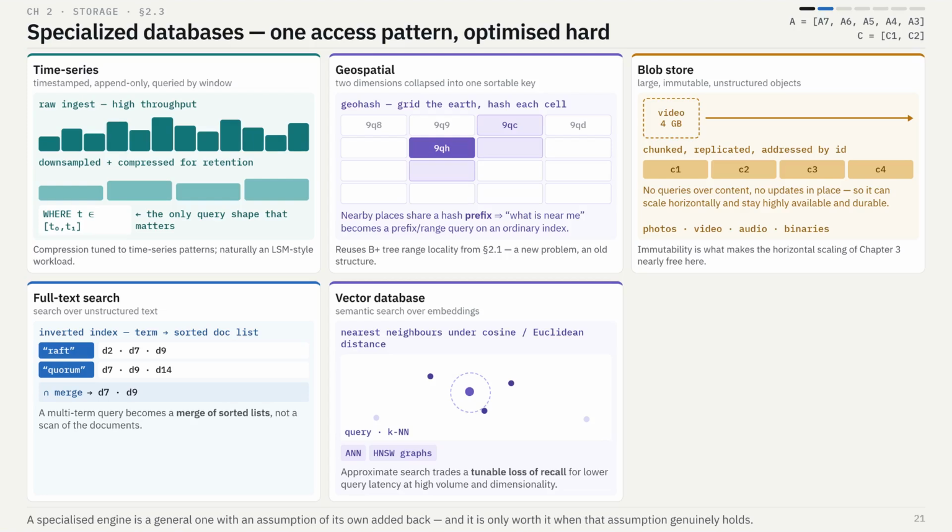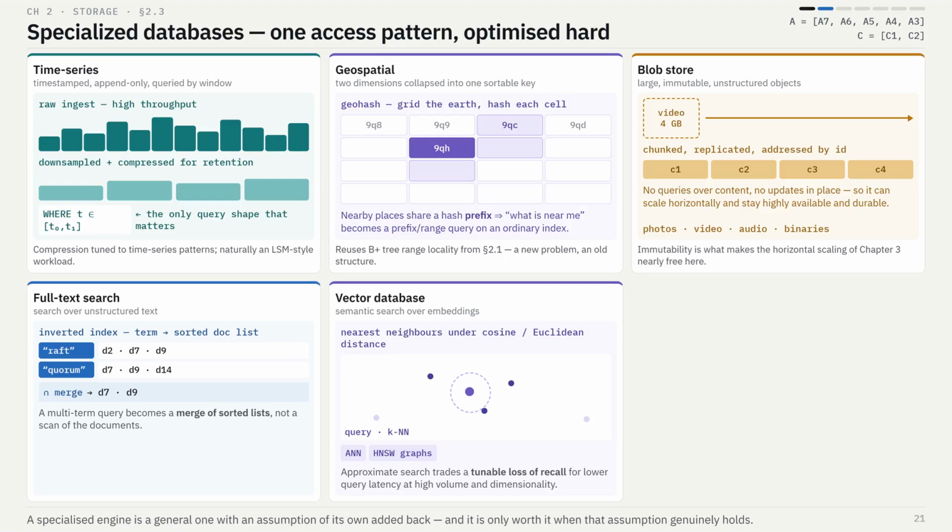A vector database is optimized for semantic search over unstructured data, represented as high-dimensional embedding vectors. It answers similarity queries by locating nearest neighbors under a distance metric, such as cosine or Euclidean distance. To sustain high volumes and high dimensionality, implementations rely on approximate nearest neighbor search, indexing the vectors with structures such as hierarchical, navigable small world graphs, and trading a tunable loss of recall for lower query latency.